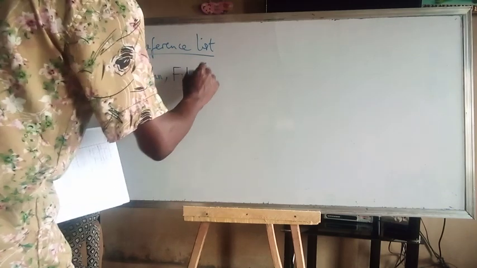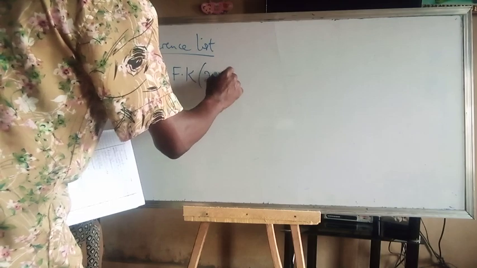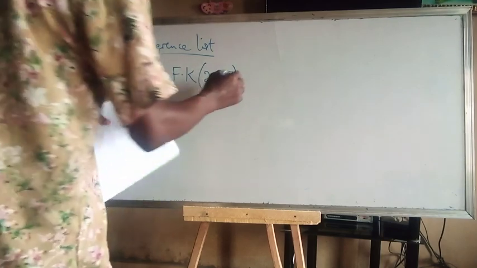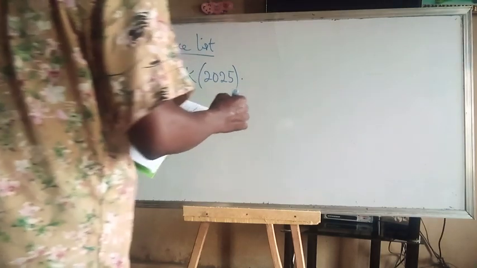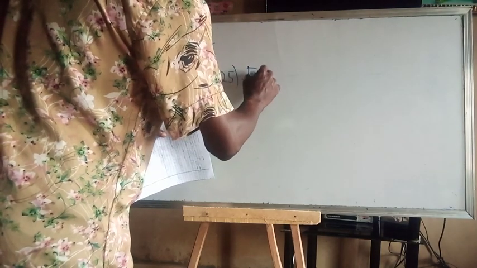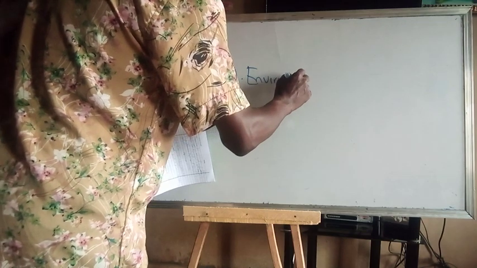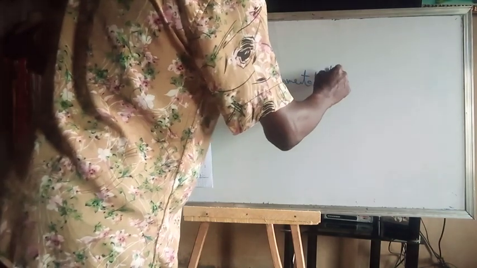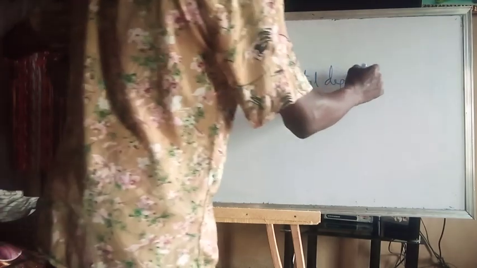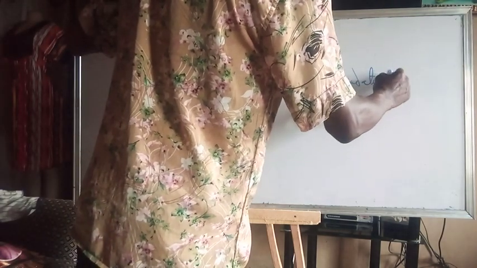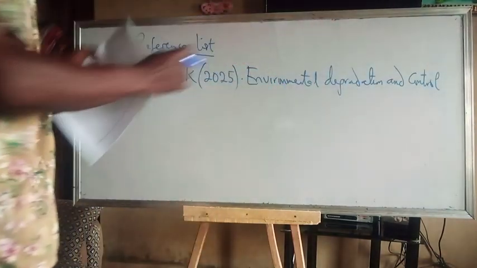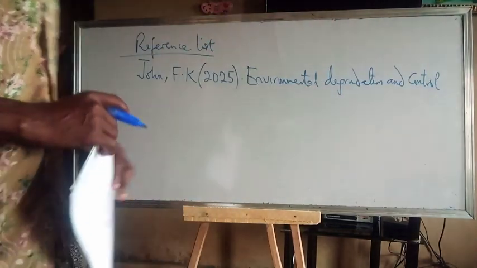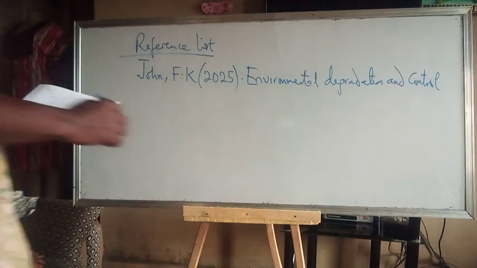Then write 2025, then put a full stop. Let's say Environmental degradation and control. Let's say that's the title of John's journal or project work.